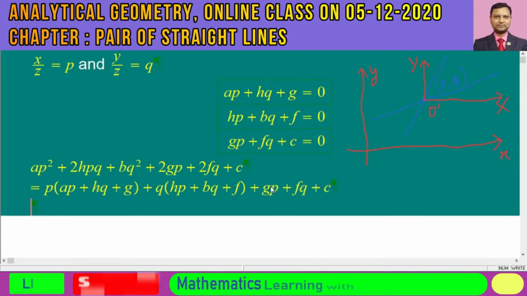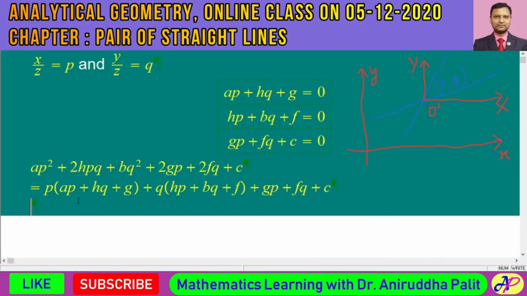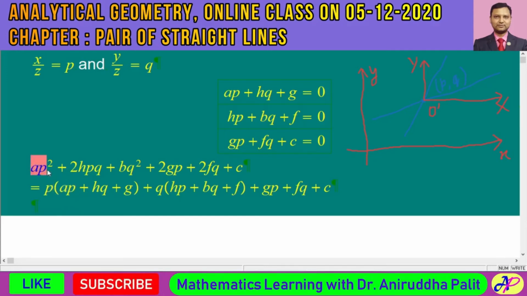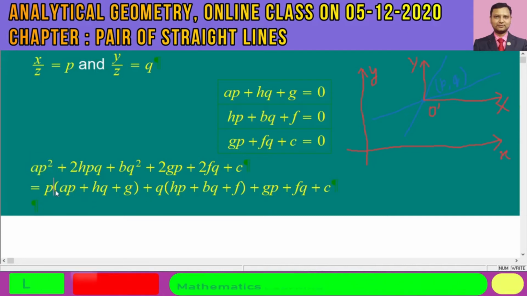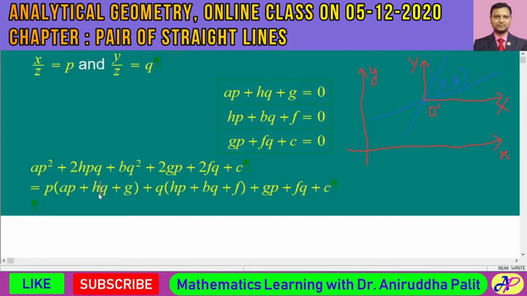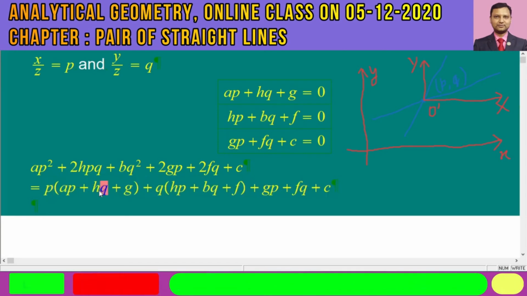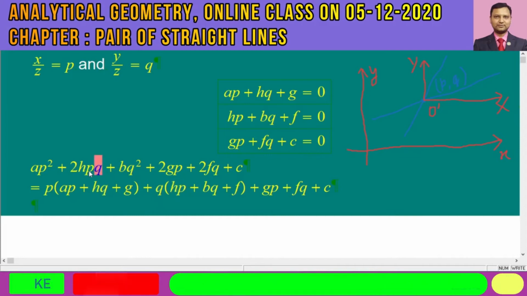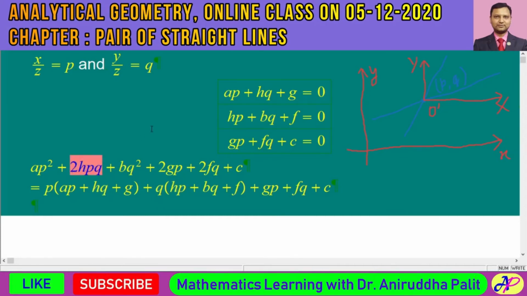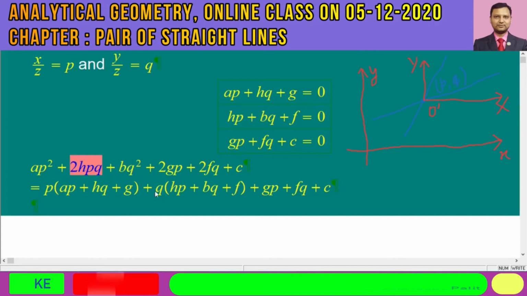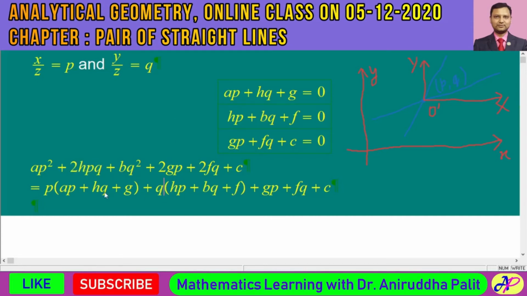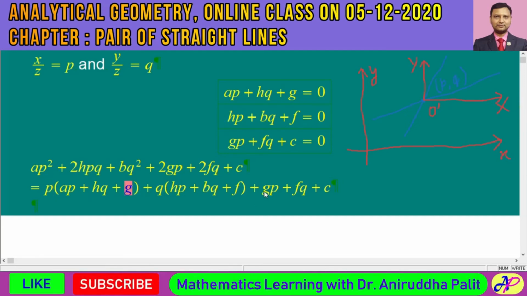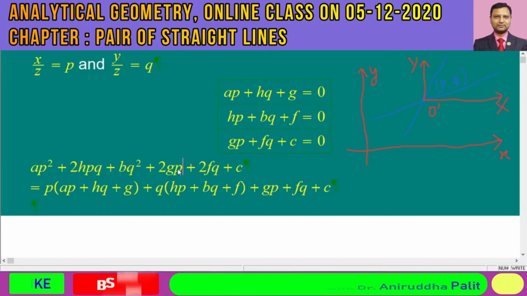Got it? You can check, at least over here you see a p multiplied by p, so a p square would arise. Then p q h, over here q p h, these two together will construct twice h p q. Next this expression p g and this g p, they would construct twice g p.